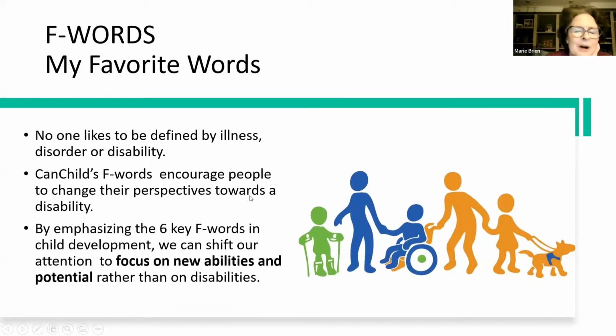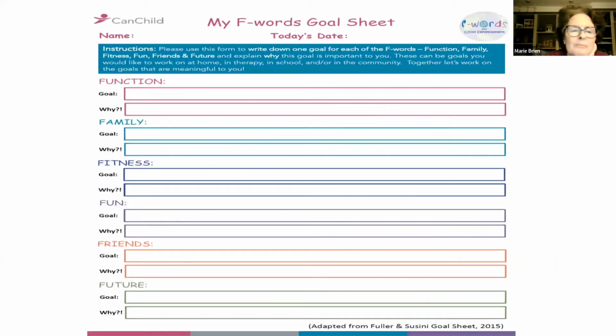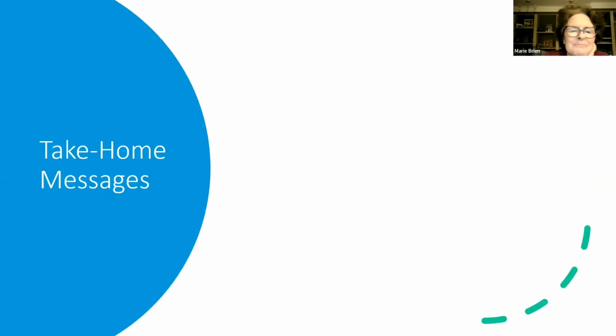They're really a positive way of looking at goals, looking at function for both children and families. And different people can add their goals, add pictures in terms of developing a plan of what they wish to be able to do. So again, goals and why. Just a bit of sharing about the F words.